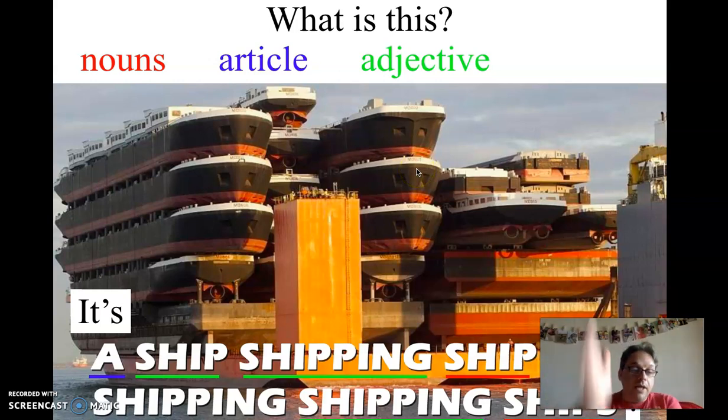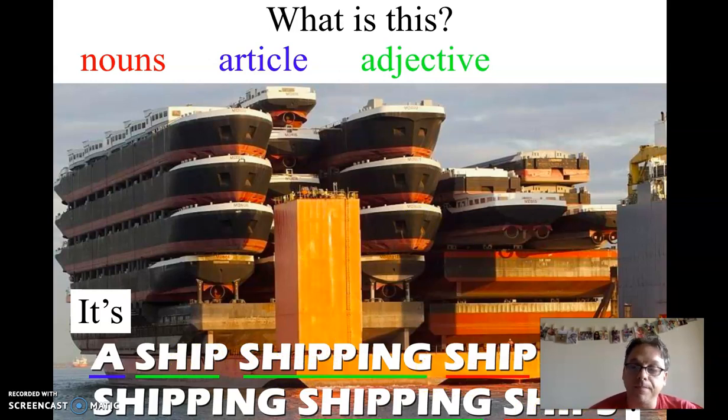Okay, so let's look at it again. This large ship is a ship that transports other ships. These other ships are also ships that transport even smaller ships. Okay, so now we have our two noun groups. We have a ship that transports, a ship that transports ships, and there are the ships on it.